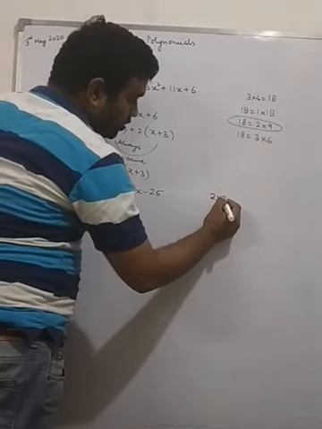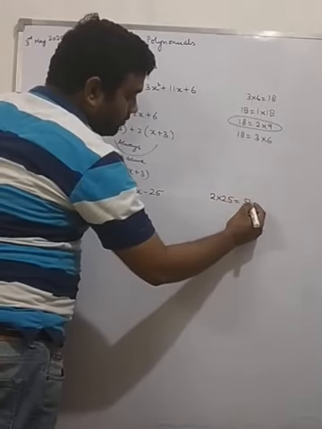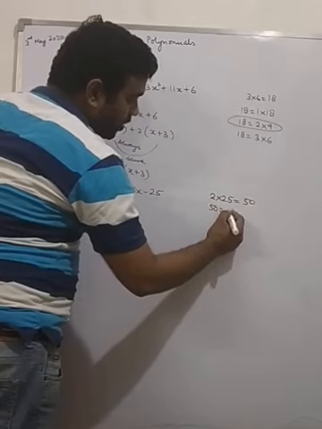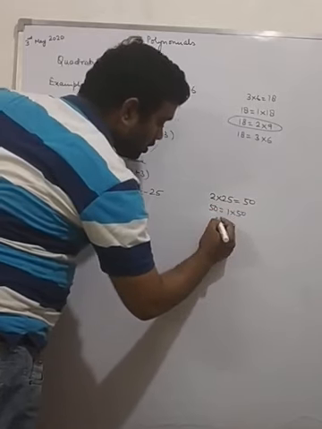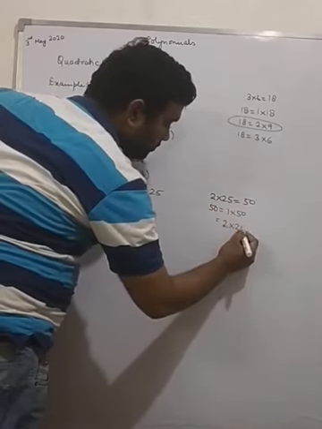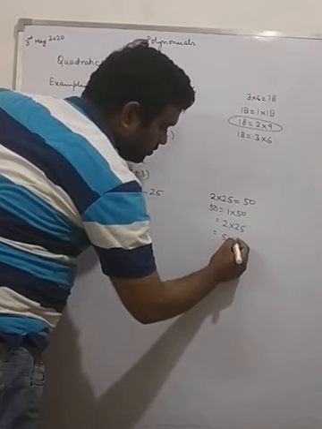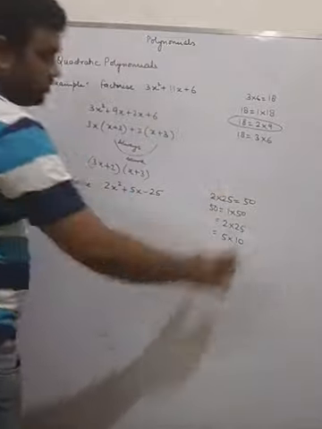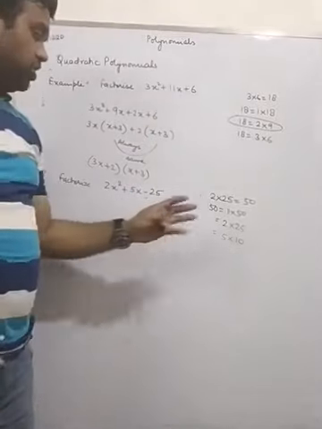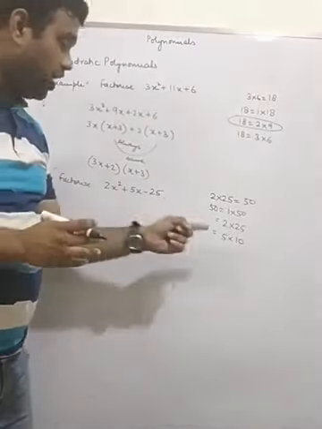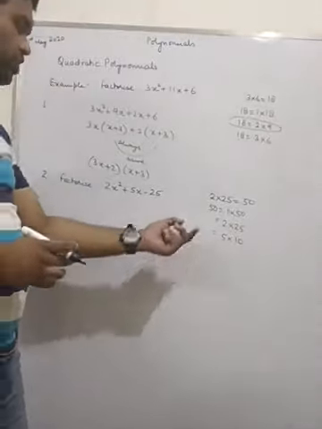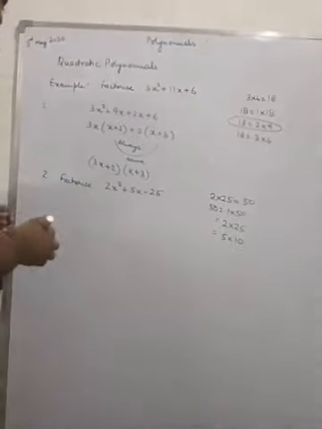If you multiply 2 and 25, this will give me 50. Now for 50, I will write 1 into 50, 2 into 25, 5 into 10, and after that repetition will be there. Only 3 factor pairs are possible. After that 10 into 5, 25 into 2, and so on, that we are not doing.